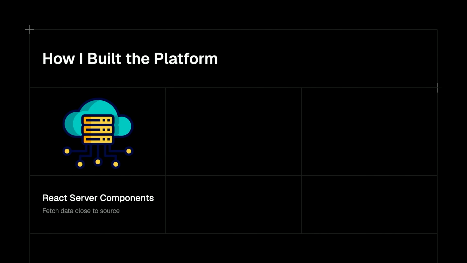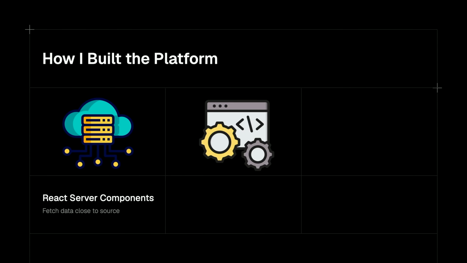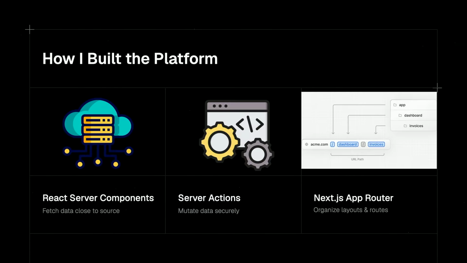So I fetch data close to the source, which made it seamless for me to handle any reads. Server actions handled all the mutations, so I could mutate data securely. It also cut client-side JavaScript dramatically, boosting my INP and no more loading spinners everywhere. I used the Next.js app router that allowed me to organize my layouts and routes, and there is a lesson in layout that I will share shortly.